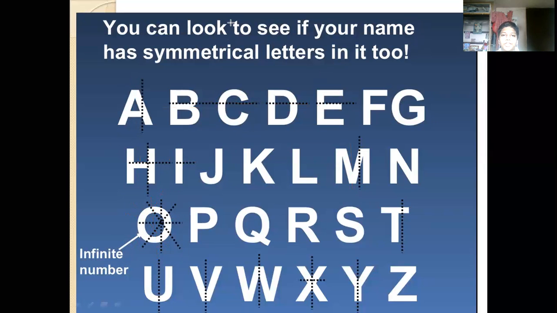Oh wait, I will be explaining why in the upcoming things; you'll be understanding. Q, if you draw like this, no, like this, no. Yes, it will be a mirror image, but it can't be a symmetrical line like this. Z cannot. Y, X, we have two lines. W, U, V. Okay. So these are the symmetrical lines in the alphabets.